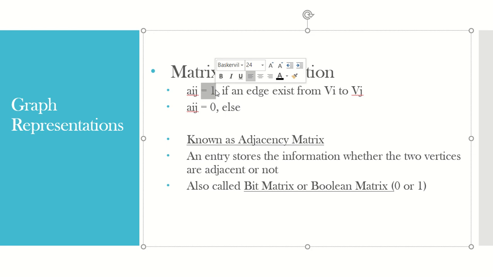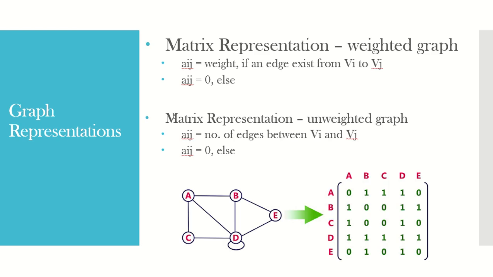Then aij of the adjacency matrix should have the value 8, not 1. So an entry stores the information whether the two vertices are adjacent or not, and this is also known as a bit matrix. When you are talking about only 1 or 0, then you can call it a bit matrix or Boolean matrix.